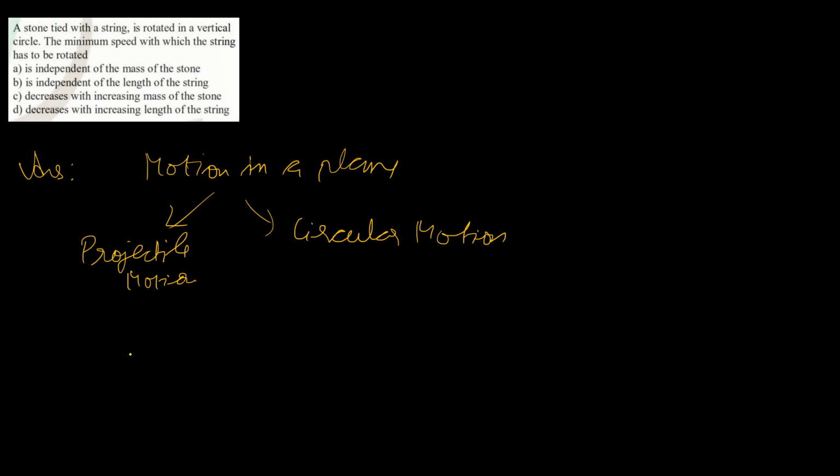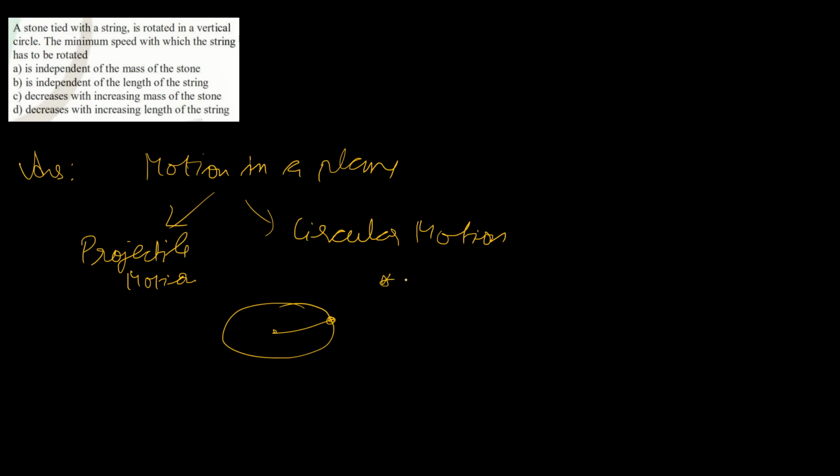Here in the question it is told that a stone tied with a string is rotated in a vertical circle. Okay, it's rotated in a vertical circle, that is a stone. The minimum speed with which the string has to be rotated. Okay, so firstly write a small formula.